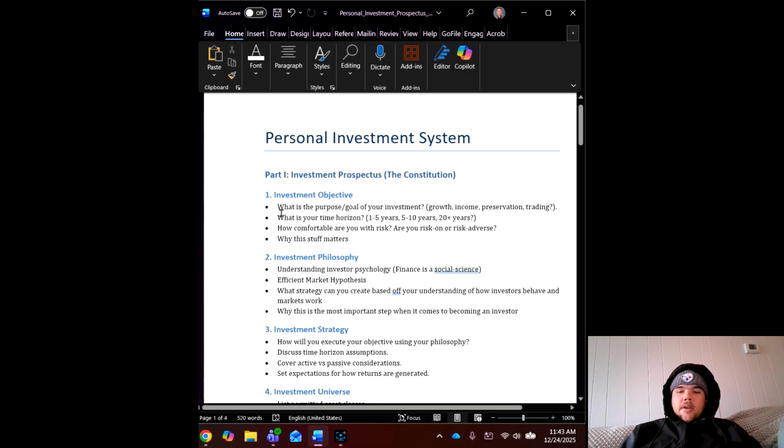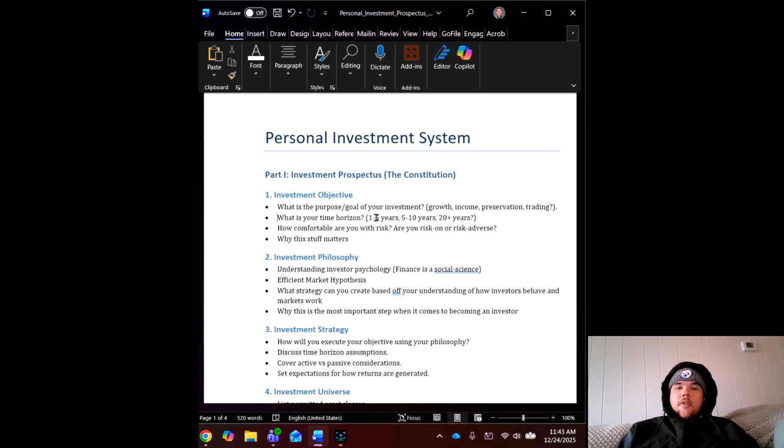Basically, what is the purpose or the goal of your investment? Are you investing for another source of income? Are you investing to grow your money over the next 10 to 15 years? Are you investing for retirement funds? Are you investing for your children's colleges? Just things of that nature.